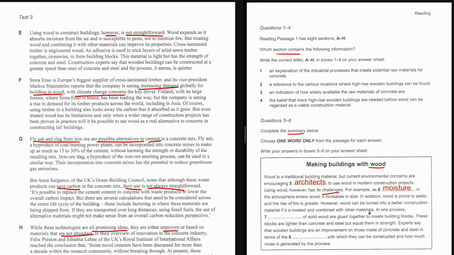And what next? In this process, it becomes a better construction material if it's treated and combined with other materials. Combined with other materials, mix. I think this is the mix.